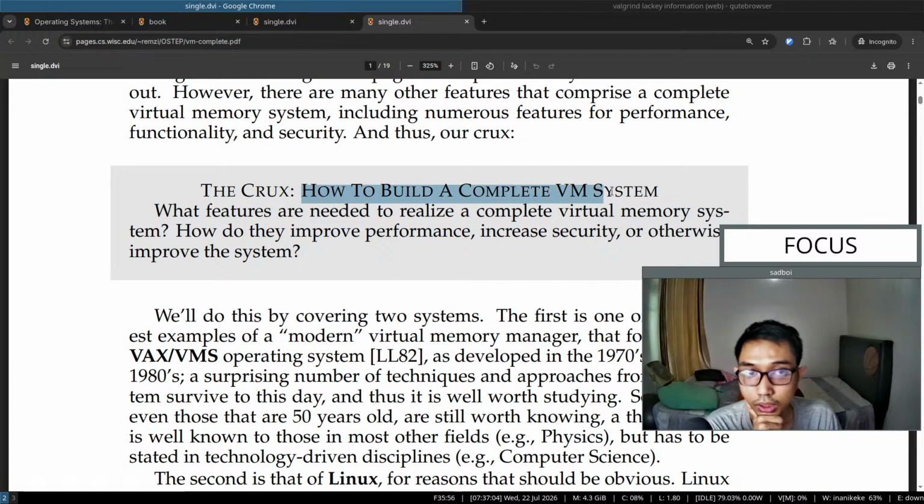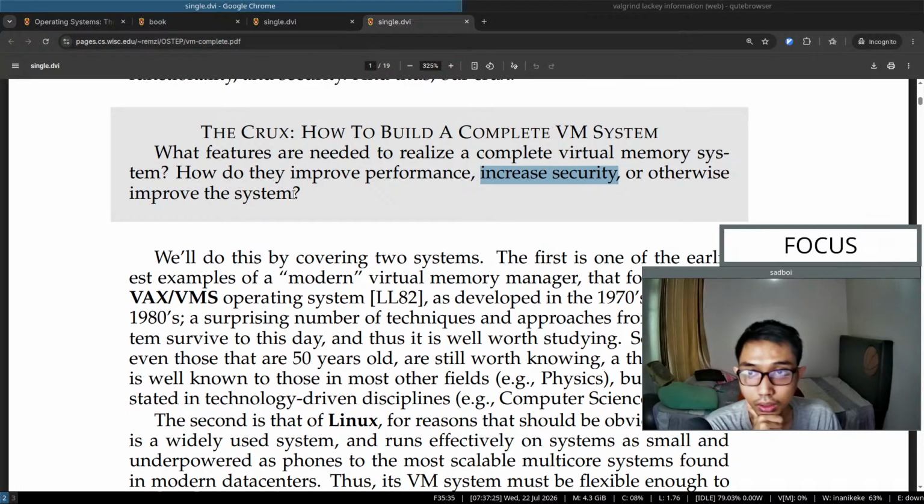How to build a complete virtual memory system? What features are needed to realize a complete virtual memory system? How do they improve performance, increase security, or otherwise improve the system?